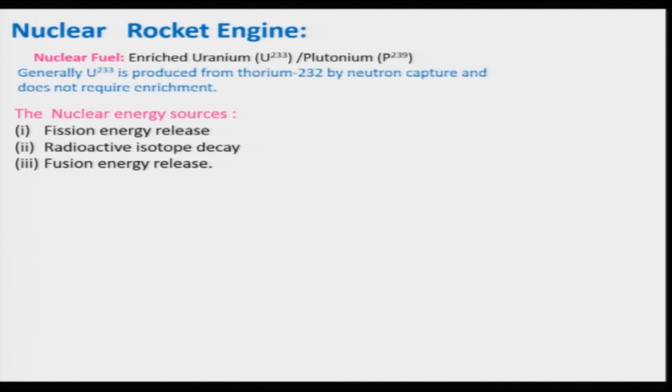Keep in mind that U-233 is generally produced from thorium-232 by neutron capture, hence does not require any further enrichment. That is why it can be used very much for the nuclear rocket engine.